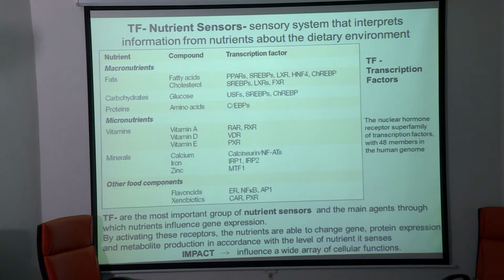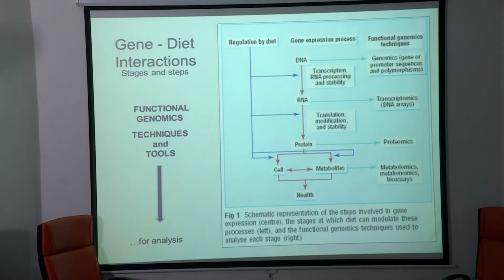So they are extremely important; they are the sensory system that interprets the information from the nutrients about the dietary environment. And the functional genomic techniques and tools are used at different stages and steps for analyzing those effects or the signatures which are produced.